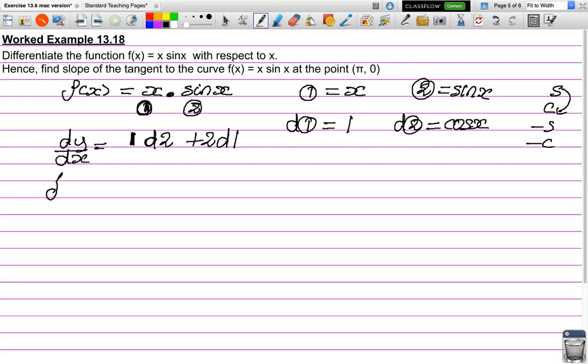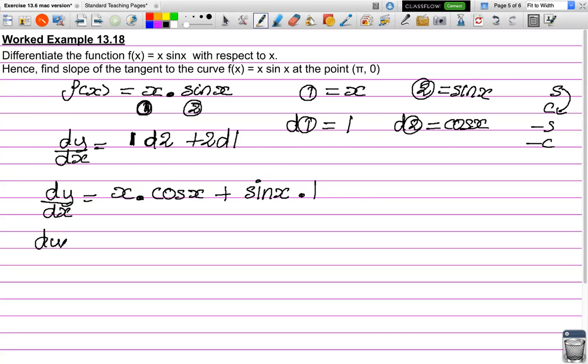So dy dx is now equal to, what is the first function? Well, it's x. What's the differential of the second? Well, it's cos x. Plus the second function, which is sine x, multiplied by the differential of the first, which is 1.